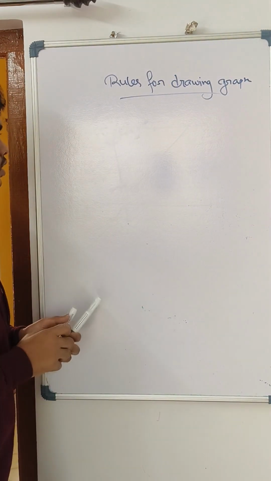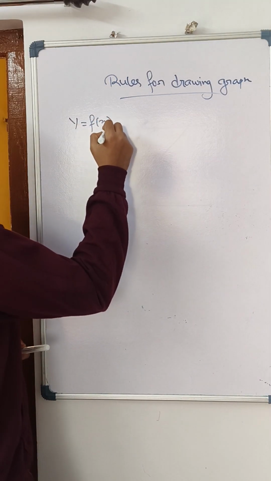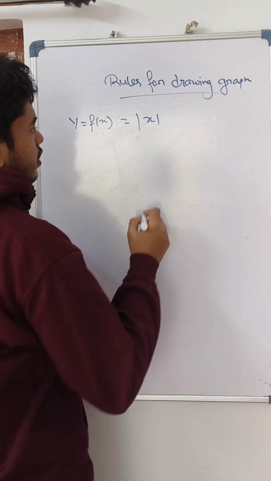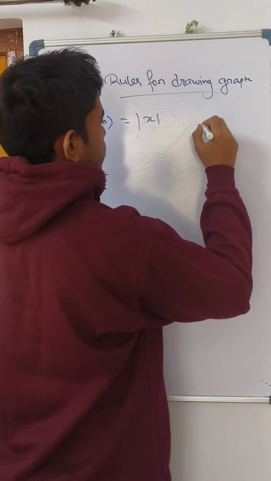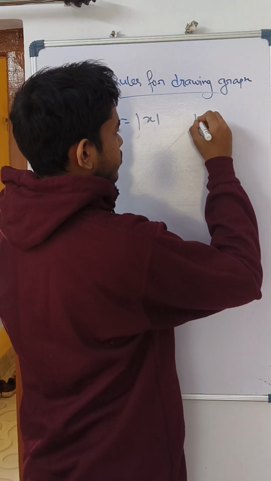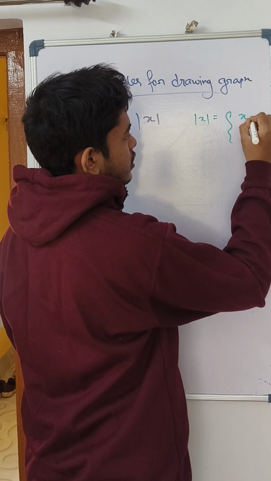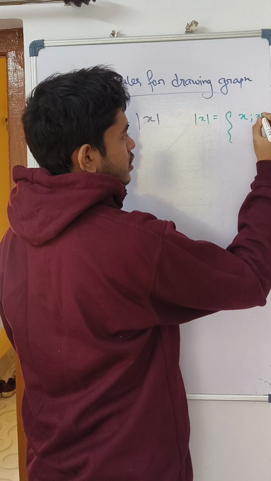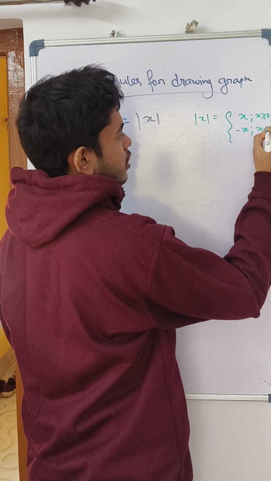Then after this, let's take f of x equals mod x. Now mod x. So how can we write mod x? Mod x is x for x greater than or equal to 0 and minus x for x less than 0.